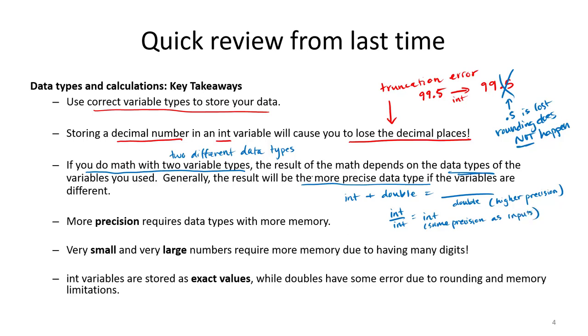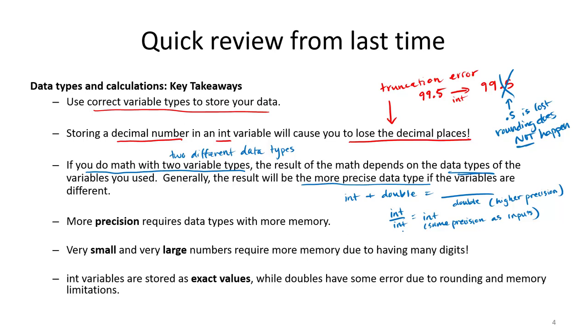So be careful. Make sure that you do not accidentally lose data when doing math with variables of different data types. And be especially careful when working with int variables, because if you produce a decimal value, you might lose data. It's a good idea to use static cast and double variables if you expect that decimals may be produced.